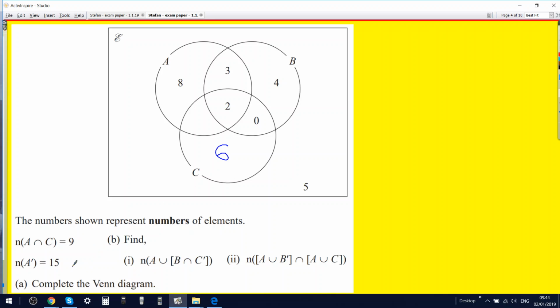And then do I need to do the A and C equals 9 now? Mm-hmm. Is that going to be 7 in the A and 9 bit? Yep. Okay. Part B. Okay. And then find.